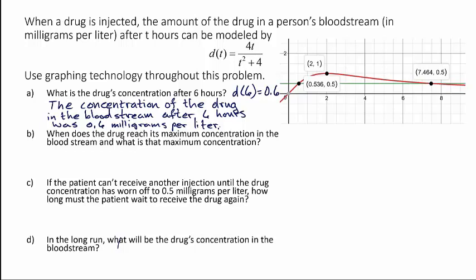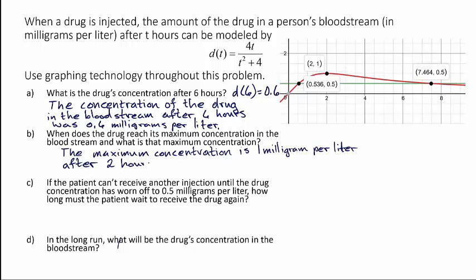So after 2 hours, we reach a maximum concentration, and the y value is 1, so the maximum concentration is 1 milligram per liter after 2 hours. Okay, so that's when it reaches a maximum.